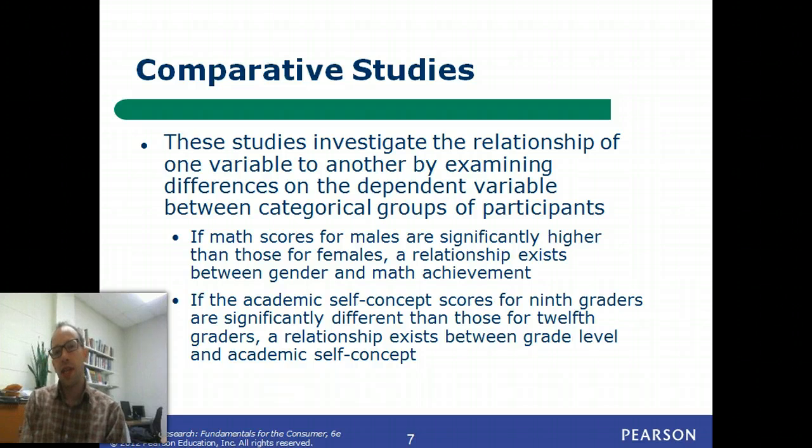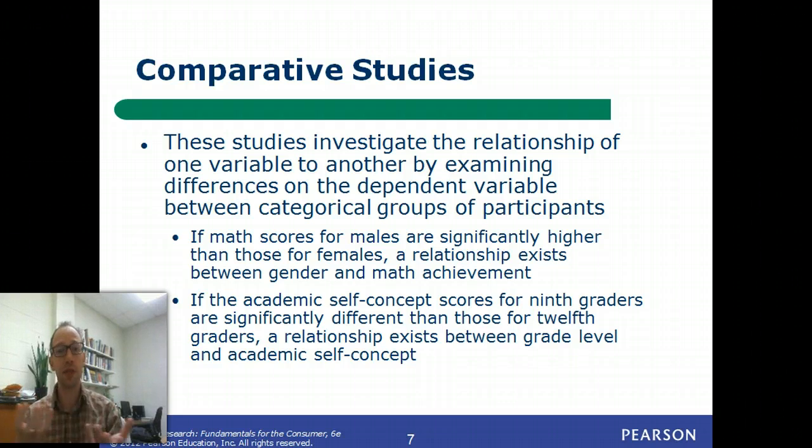The next type is comparative studies, and here we're just looking at 2 categories. It really could be 3 or more. I think your book mentioned 2, but different categories on some variable. For example, we may look at males and females on test scores, or salaries, or time focused on a task.